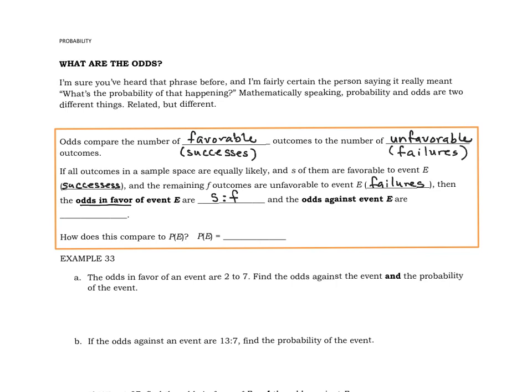And if this ratio can be reduced, we do reduce it. And the odds against the event E are, well, we're just going to switch that around. Failures, the ratio of failures to successes.